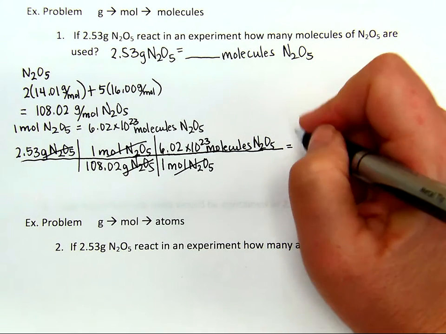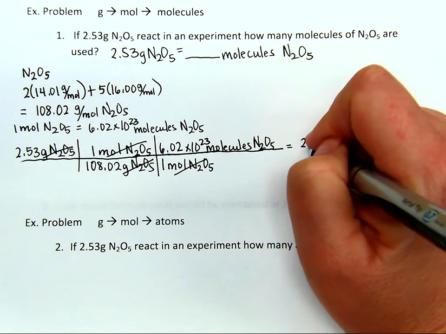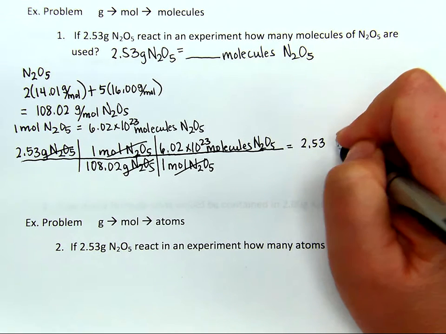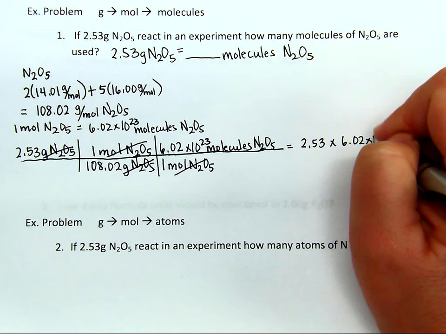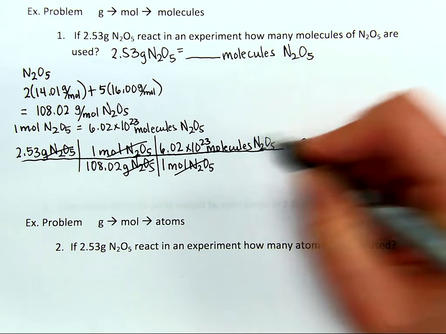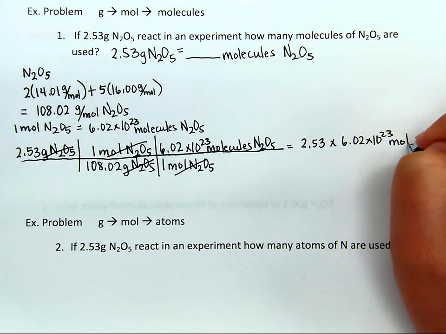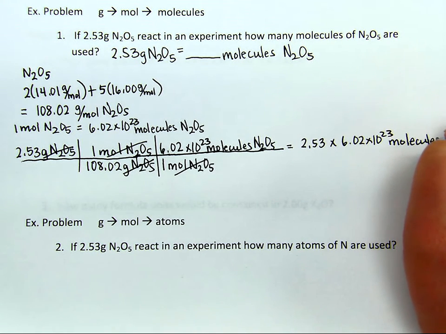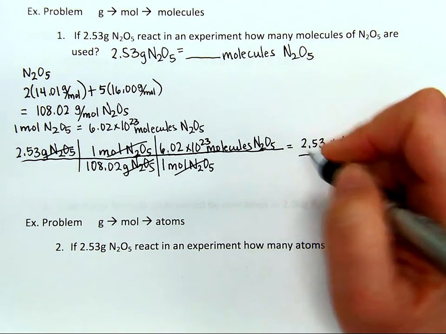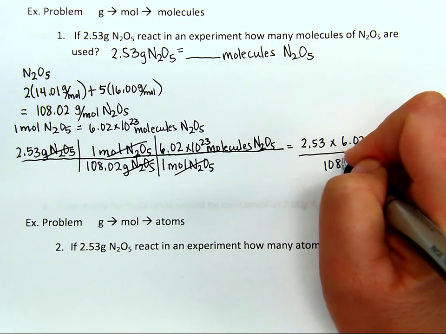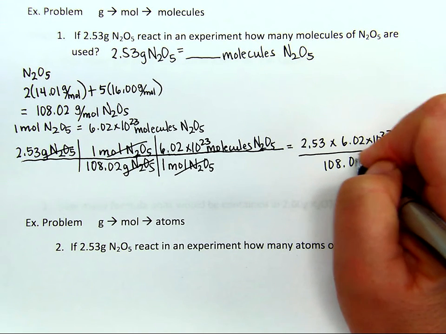I'm going to go ahead and pull out the numbers, but all we're doing is we're going to take 2.53 times 6.02 times 10 to the 23rd, all divided by 108.02. So let me just go ahead and pull that out just to make it clear what the actual calculation is. Times 6.02 times 10 to the 23rd molecules of N2O5, because that hasn't canceled, and that's all going to be divided by 108.02.